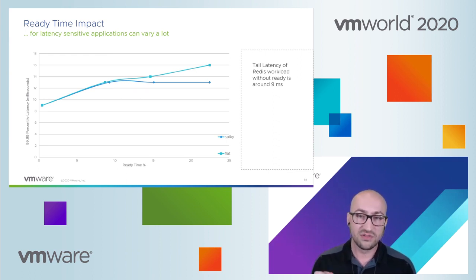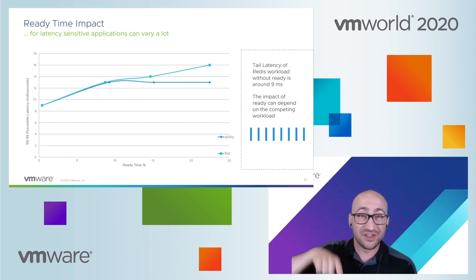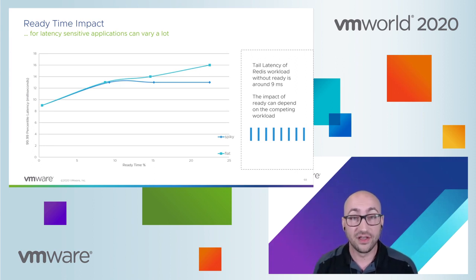Just to be really clear, we're looking at tail latencies, actually the 99.99th percentile latencies. So this is 0.01% of the latencies, right? These depend on what the competing workload does, because if the competing workload wakes up a lot, it allows the other VM to wake up more regularly, meaning less impact of ready.